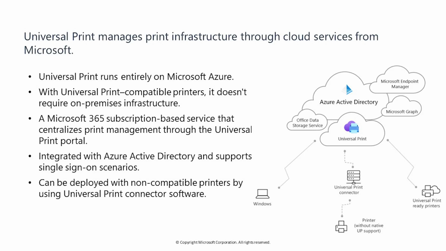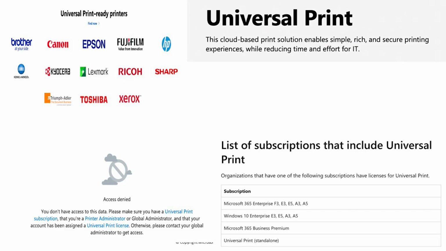Now, if it's running entirely on Azure, obviously you do require a subscription for it. There are some universal printers, there are some partners. When it has been deployed with Universal Print compatible printers, it doesn't require any kind of on-premises infrastructure, right? But along with that, an appropriate subscription would be required.